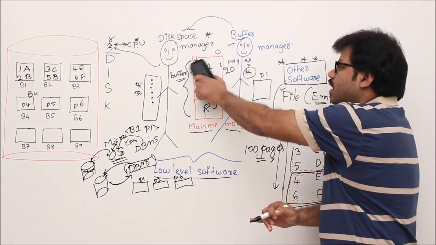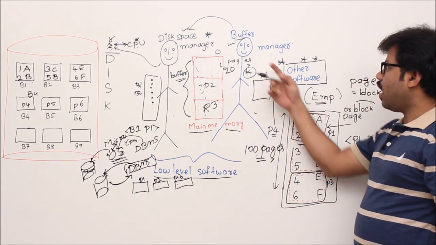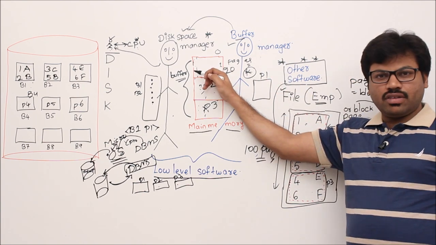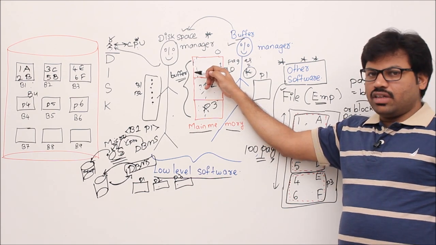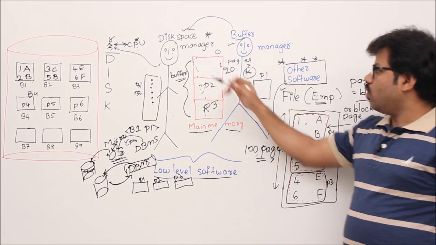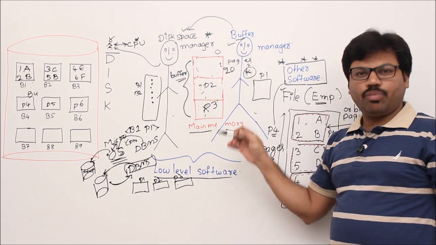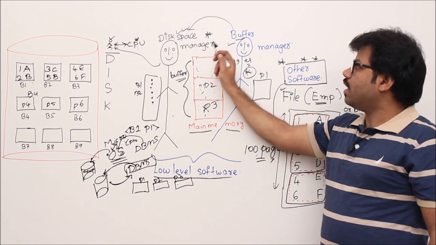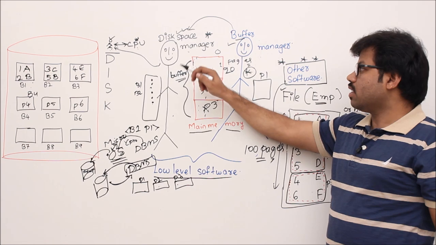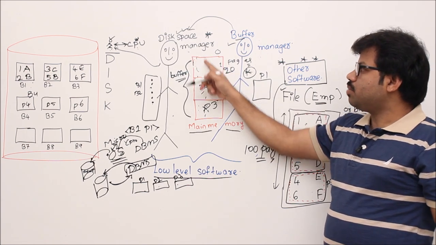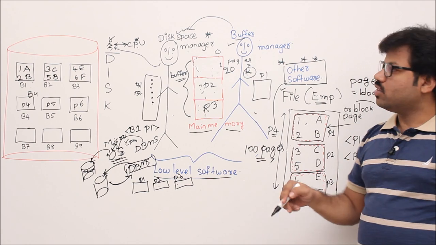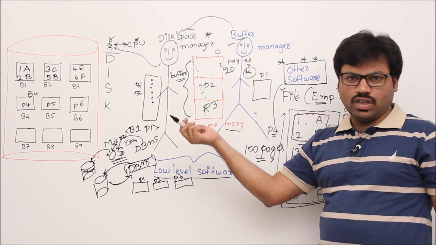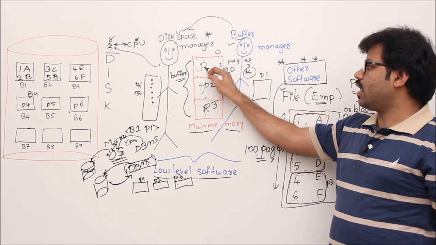Assume that it is not available at this moment, but we ask the buffer manager, my dear buffer manager, did you store P1 in your buffer? I want P1 actually. Then the buffer manager says, oh, I'm sorry, in my entire buffer there is no page number 1. Then it communicates with the disk space manager, my dear disk space manager, please fetch P1 immediately because I want it. Immediately the disk space manager converts that page number 1 to the corresponding block, because it knows where it is, and it will fetch it and keep B1.